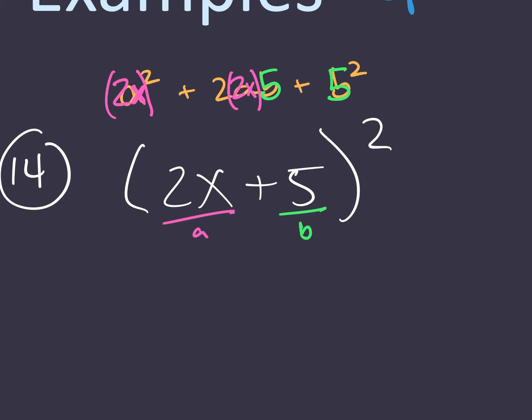So what's 2x squared? 4x squared, because the squared gets distributed to the 2 and the x. Then here I have 2 times 2x times 5. How do I multiply all of this together? Two times 2x times 5.